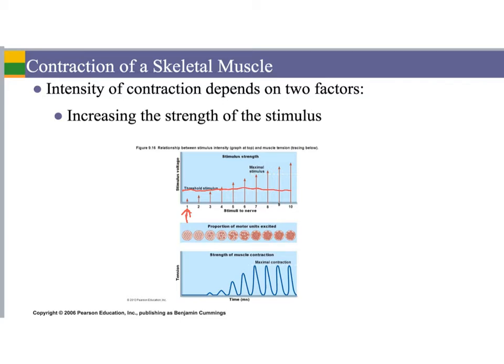And then as we increase the number of motor units that are excited, we have more muscle fibers that are going to join in and contract for that response. And you can see we have the greatest amount of tension here. So this would be the greatest amount of contraction.